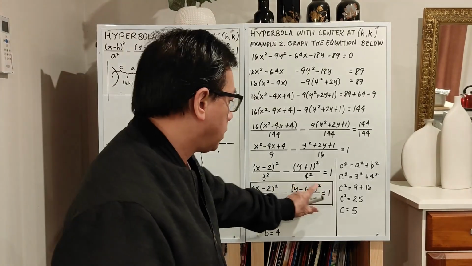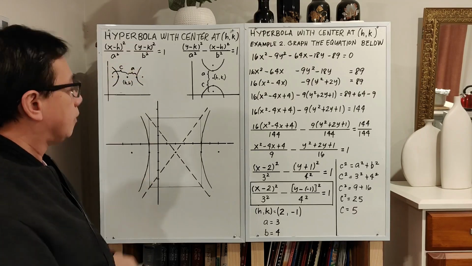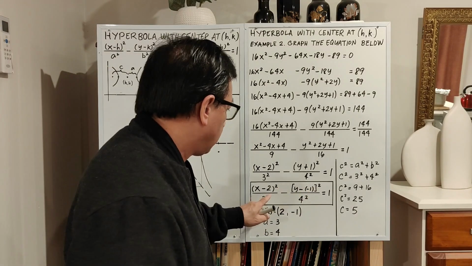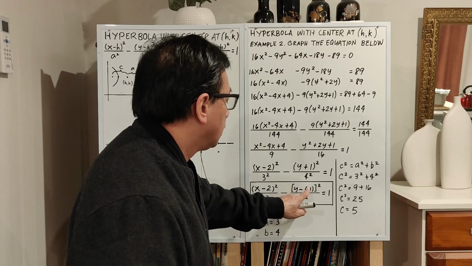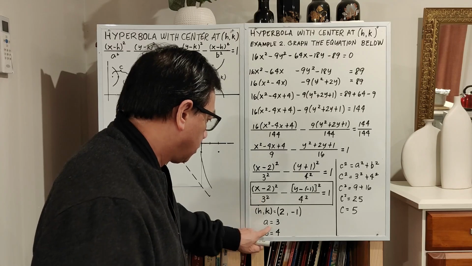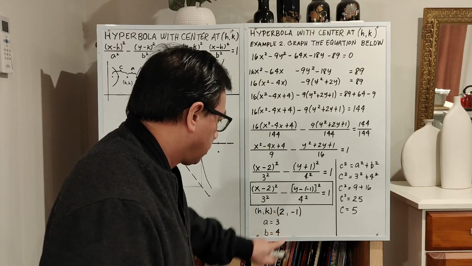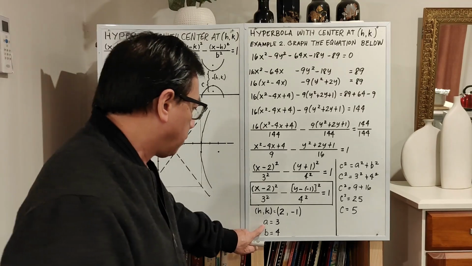So with your standard equation, you can get your h and your k, your a and your b. So your h in here will be 2, this one. Your k will be negative 1. Your a will be this one, so 3. Your b will be this one, so 4. So we have a and b.